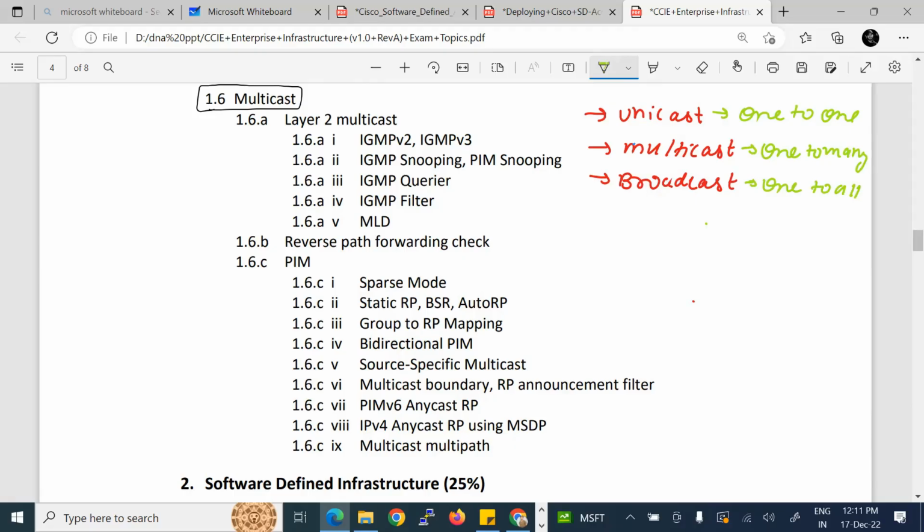The first thing is that the sender is always unicast. But the problem is in the destination. We have one-to-one, which is very easy to identify.